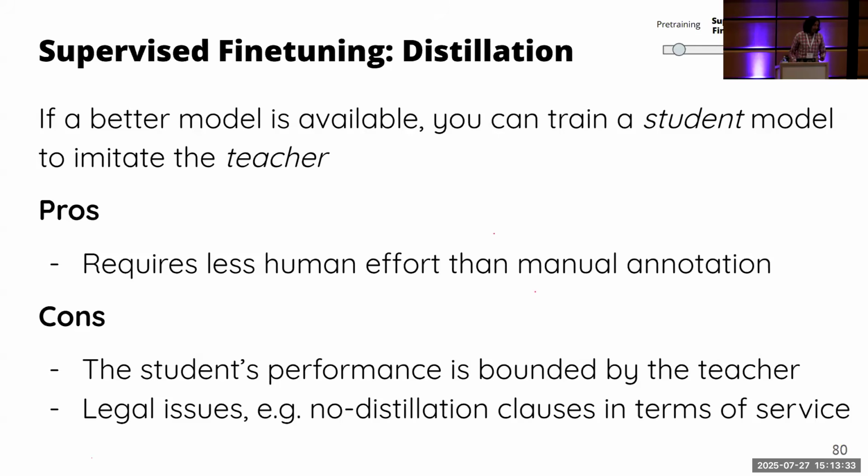On the other hand, there may be a situation where your student is bounded by the performance of the teacher, although this is a little bit more complicated, as some of the questions mentioned before. And increasingly, proprietary language models are being used, and these often have no distillation clauses. And in recent years, we've seen companies and practitioners get in a lot of trouble for deploying models that were actually distilling somebody else's model.